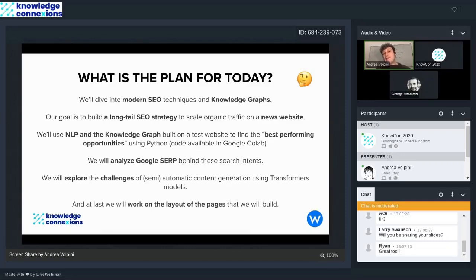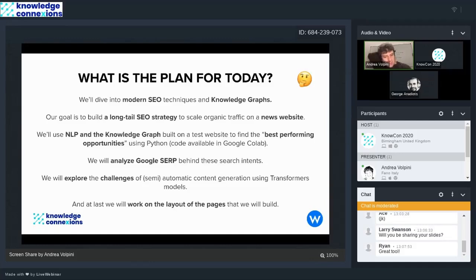We will then analyze the results of specific queries that we will target from Google, and we will try to dissect these results using natural language processing to understand if there are tendencies, if there are things that we can learn from these results. And then we will also explore the different ways in which we can generate content using transformer models, which are a technology that allows us to do many different things.